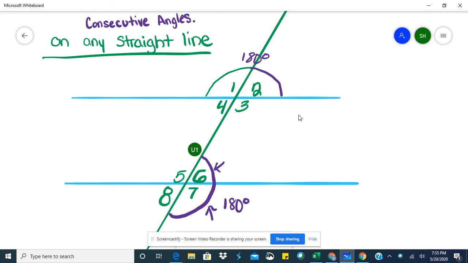This is where knowing all of the terms comes in handy, right? Because we know that angle 2 and angle 6 are the same, which means that angle 2's consecutive angle could also be angle 7, because 3 and 7 are the same, because those are corresponding angles. They are equal in degrees, and they will still equal that 180 degrees.